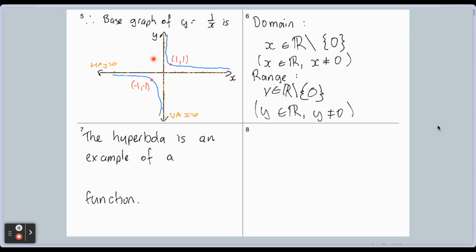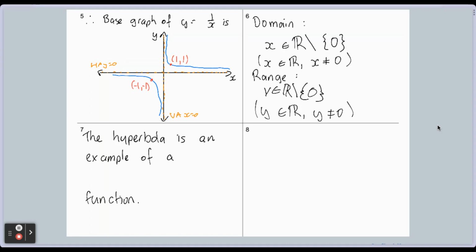If I go up the y-axis, anywhere along that y-axis, if I go across, I will hit that blue line. Similarly, underneath the x-axis, I will hit the blue line. But at y equal to 0, I'm going to hit the horizontal asymptote only. I will not hit the blue line, so therefore that's out of the range.